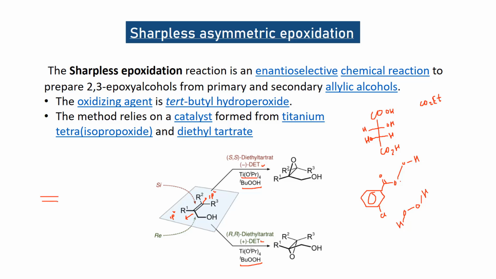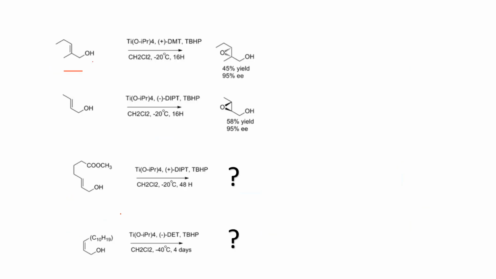This can undergo Sharpless epoxidation, but if you take just a simple alkene, Sharpless epoxidation can't be performed. So this is a valid point, that for Sharpless epoxidation your substrate should be an allylic alcohol. Without that, it is not possible. Now they have shown two examples. One is this one.